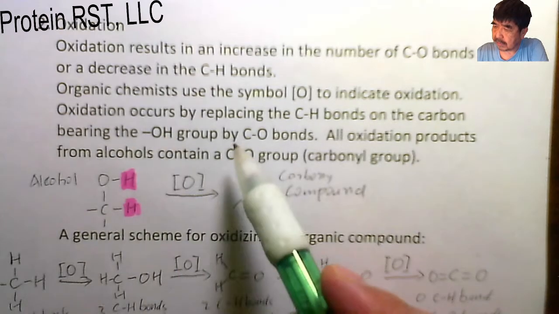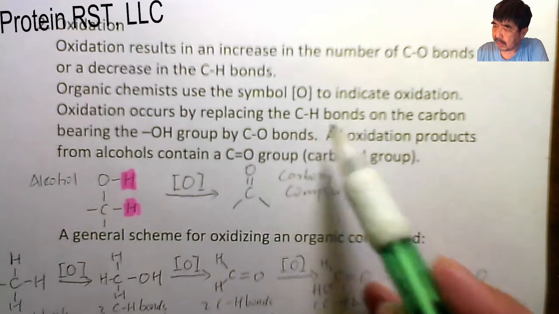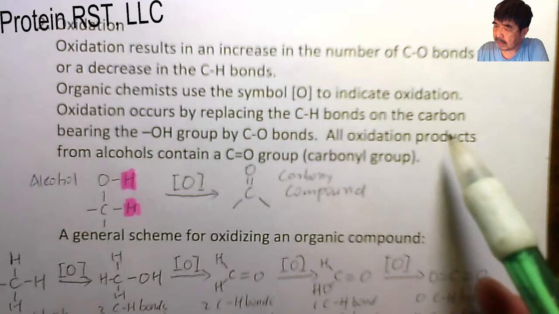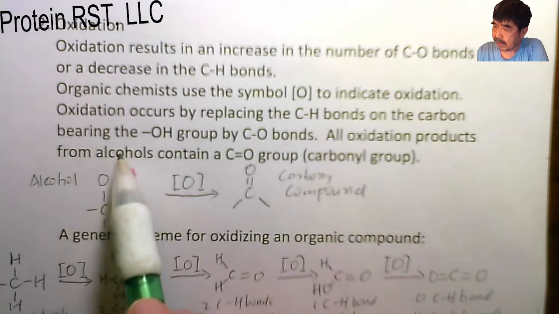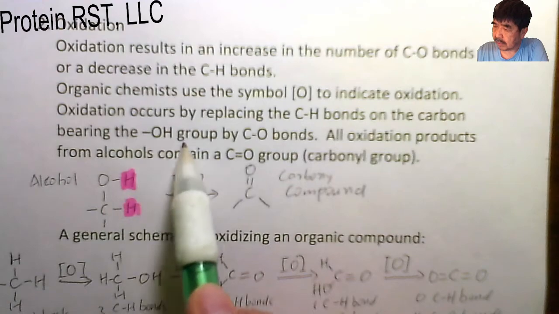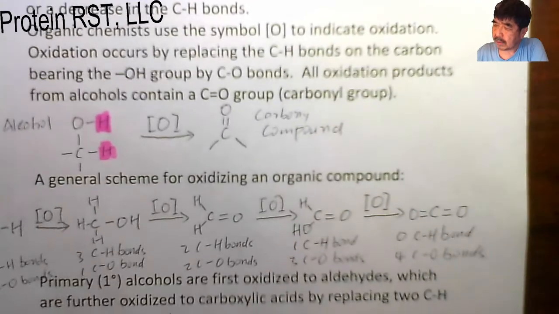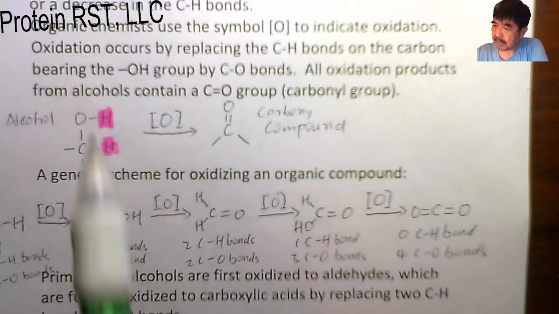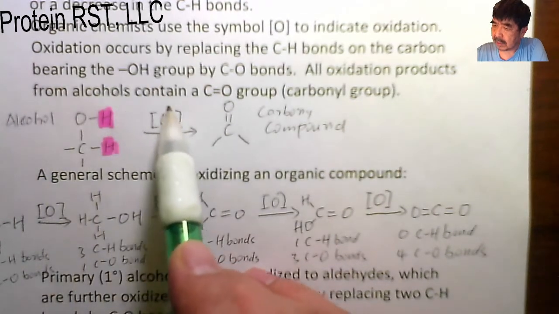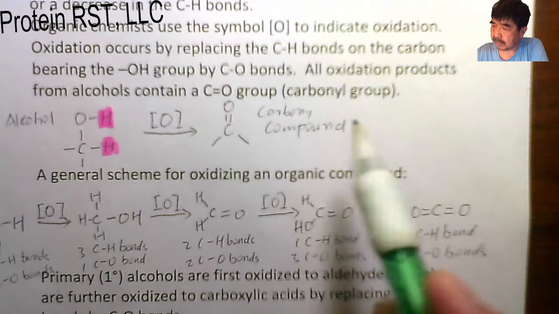Oxidation occurs by replacing the C-H bonds on the carbon bearing the hydroxyl group with C-O bonds. So all oxidation products from alcohols contain the carbonyl group.